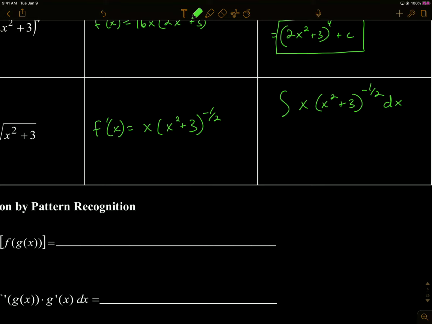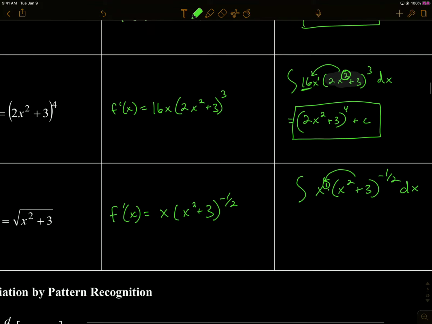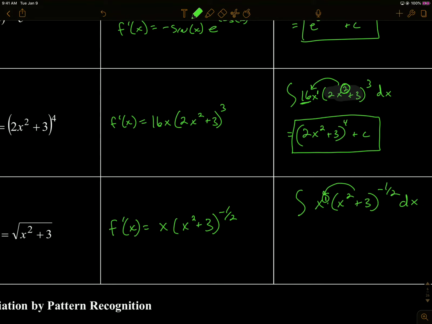Okay, so again, we notice that we have times the derivative of the inner right here, even though it's not exactly the derivative of the inner, right? Because the derivative of the inner is 2x, but we only have a 1x. It differs by a constant, not a big deal. It's important to note here in our derivatives, when we did chain rule, before we simplified to the 16x, we were getting 4 times 4x times 2x squared plus 3 to the third.